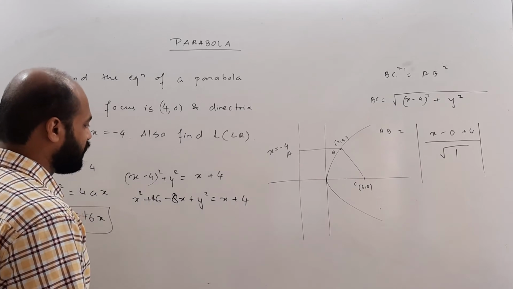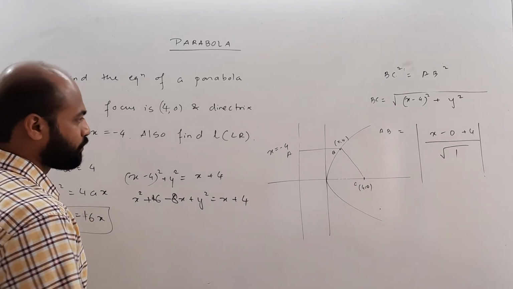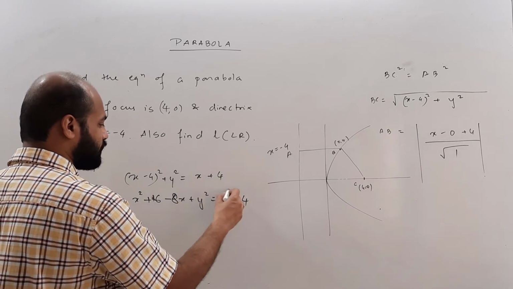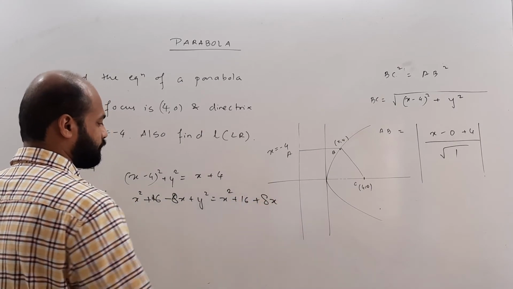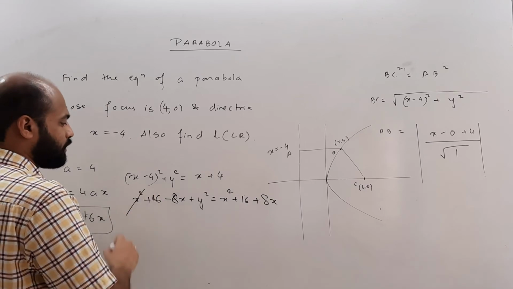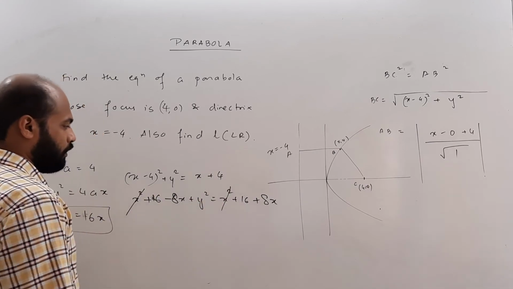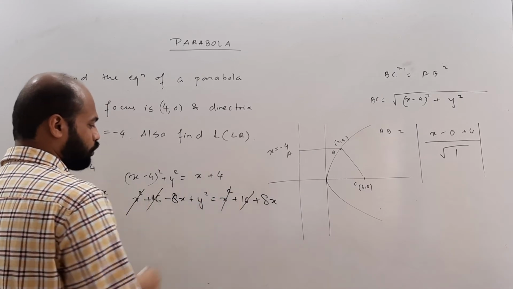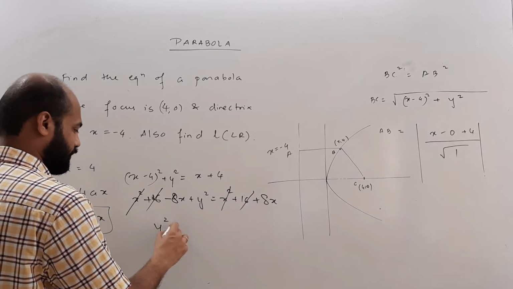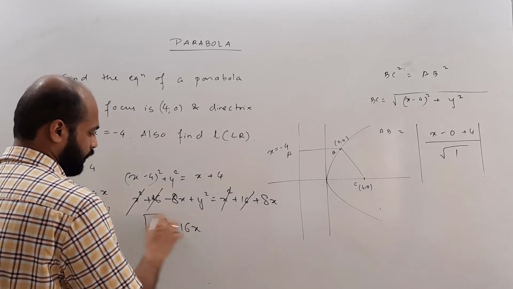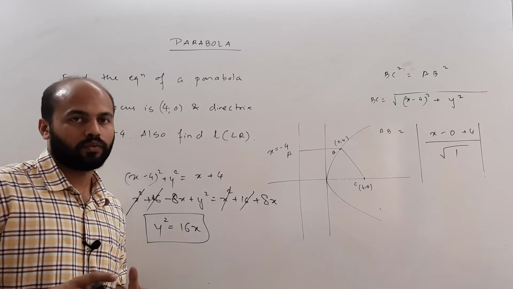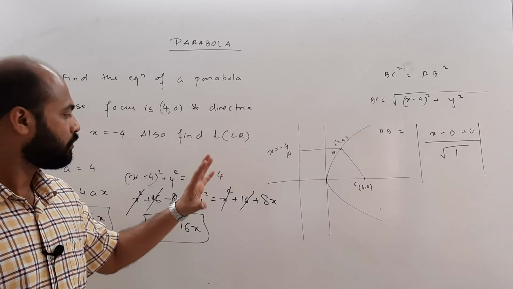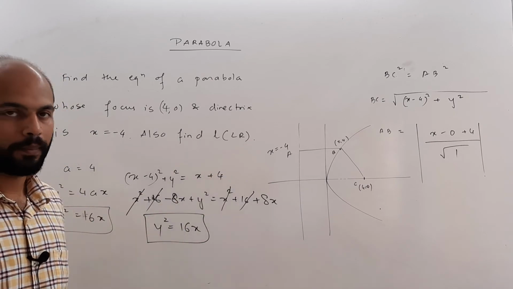So here you can clearly see that, of course, we have to square this also. So when I square this it is going to be x square plus 16 plus 8x. Now x square and x square terms will go, and 16 and 16 will also go. Ultimately we get y square is equal to 16x. This is the equation of the parabola. So we have taken the help of definition now, and we have written this particular equation of the parabola.